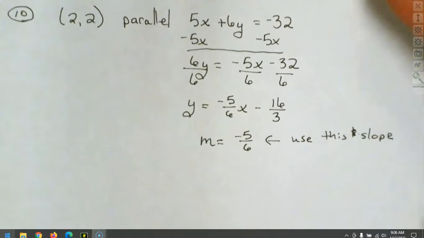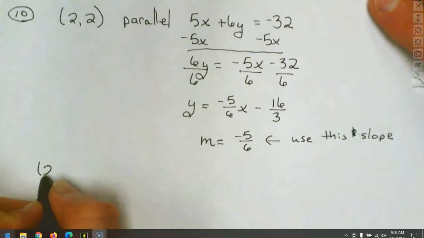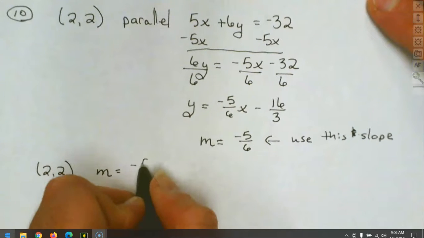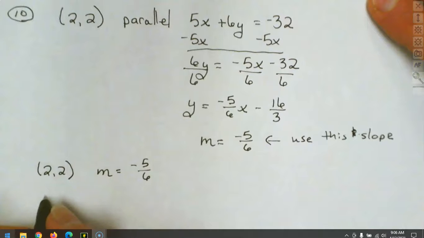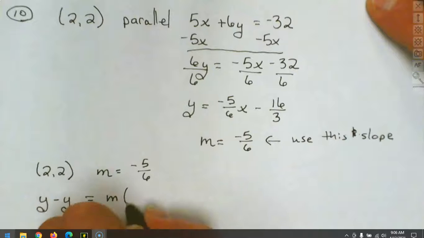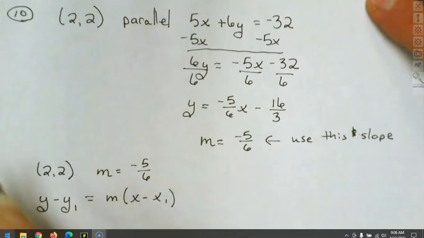Now we're going to proceed and use the point slope formula. So we've got our point 2, 2, and we've got our slope of a minus 5/6. So now we're going to use point slope, which is y minus y1 equals m times x minus x1.